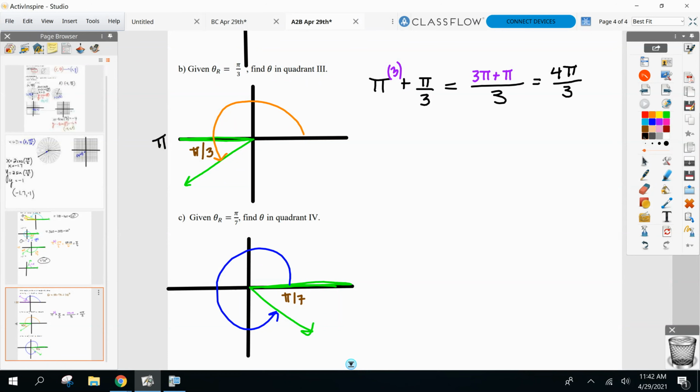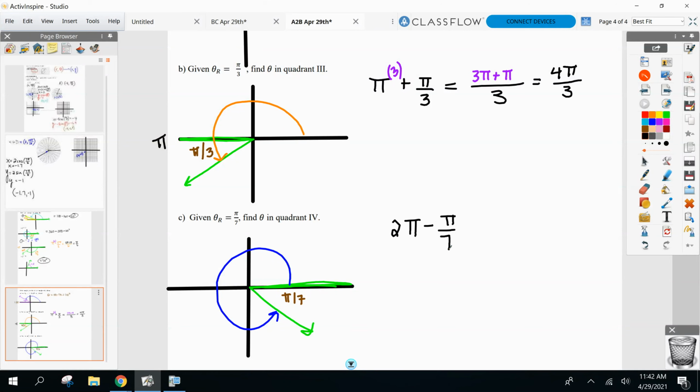And you should not be using pi anymore. Good, guys. Should be taking 2 pi, 360, right? 2 pi now, and subtracting pi over 7. If you added it, you're going into quadrant 1 now.